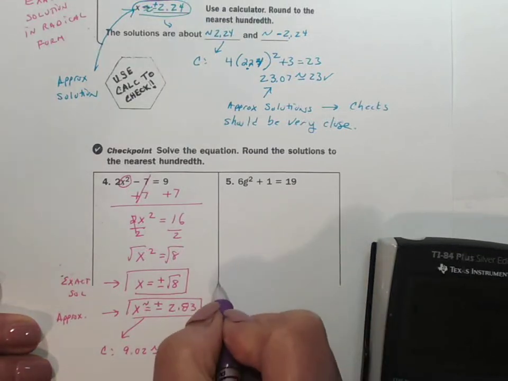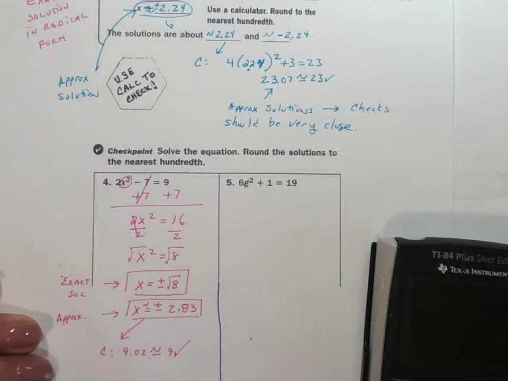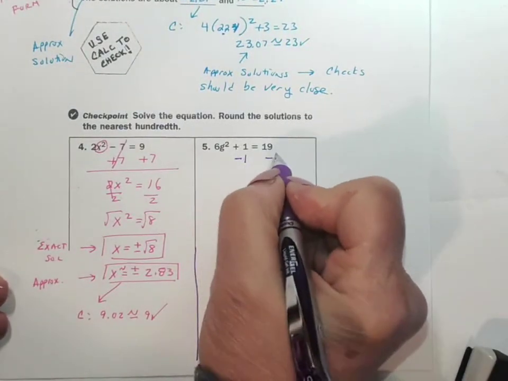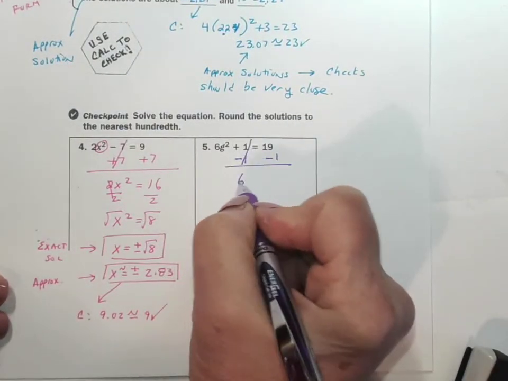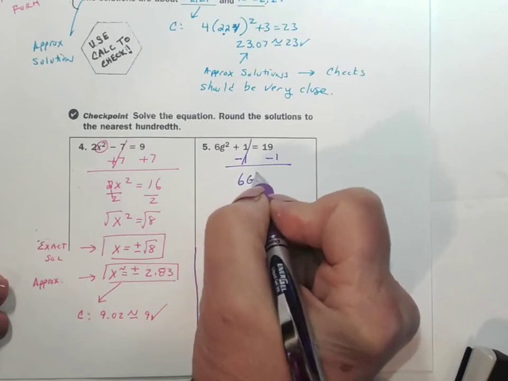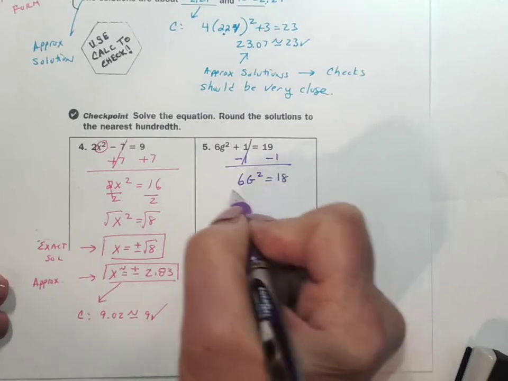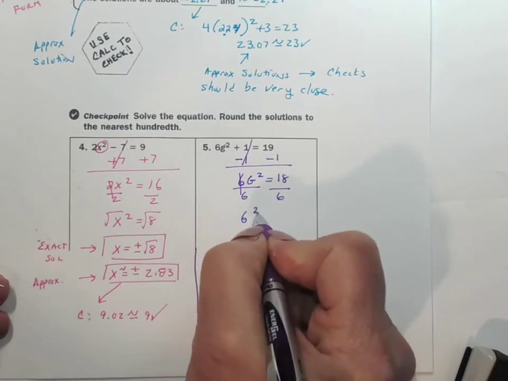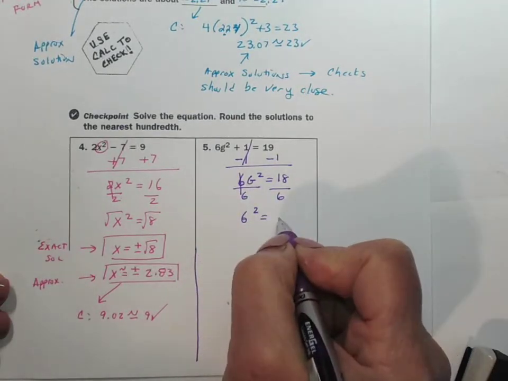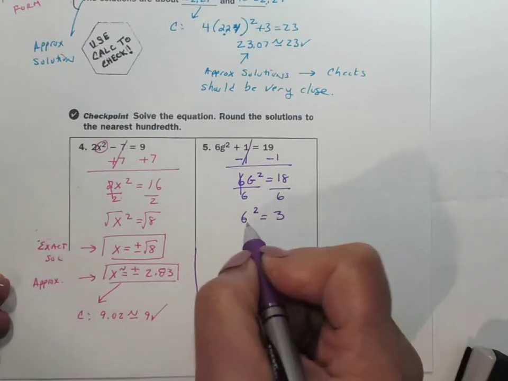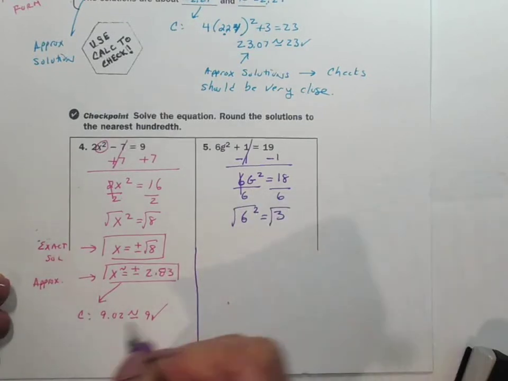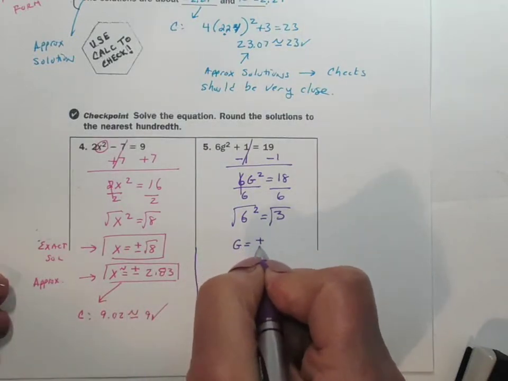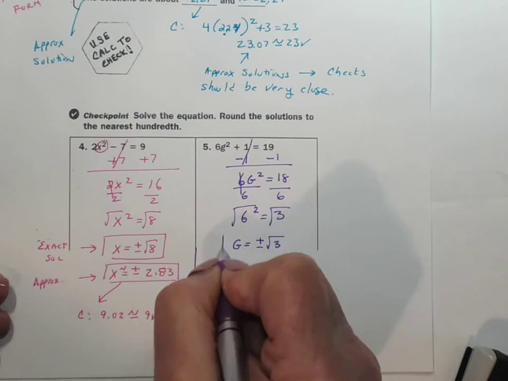Now I'm going to do the other problem. Subtract 1 from both sides. 6g squared equals 18. Divide by 6. G squared is equal to 3. Take the square root of both sides, and I get g is equal to plus and minus the square root of 3.